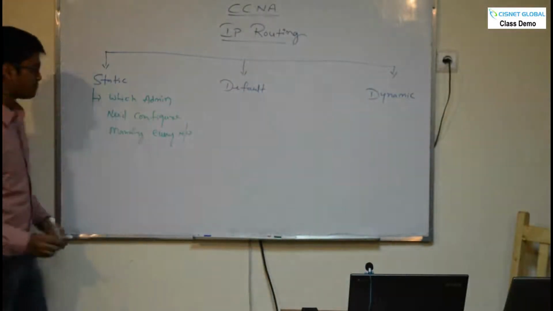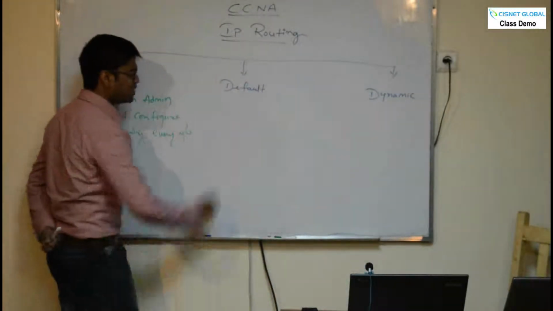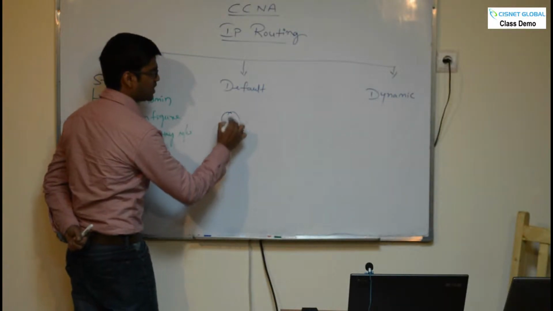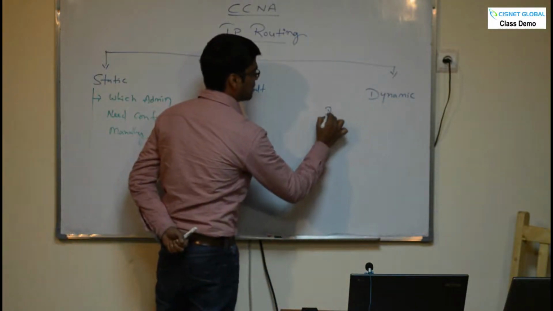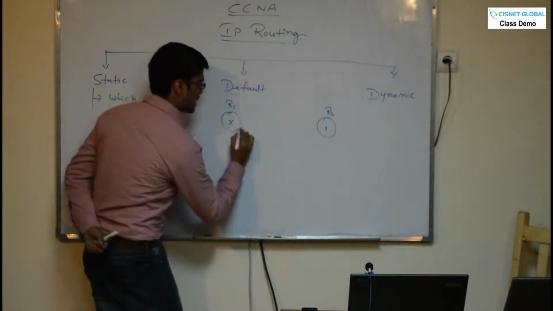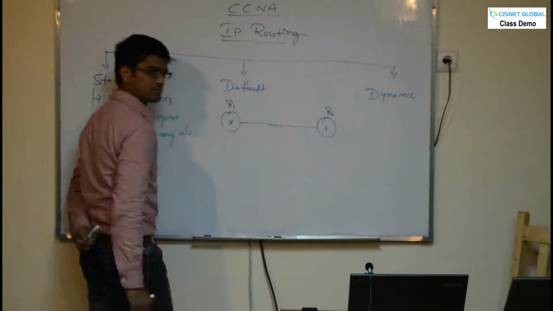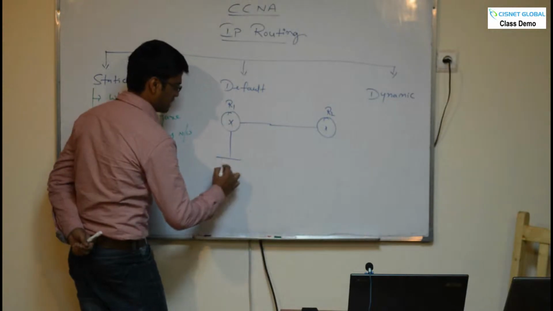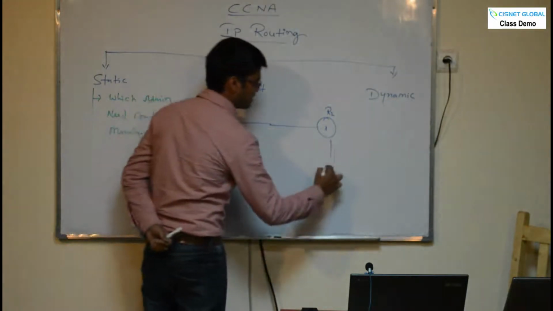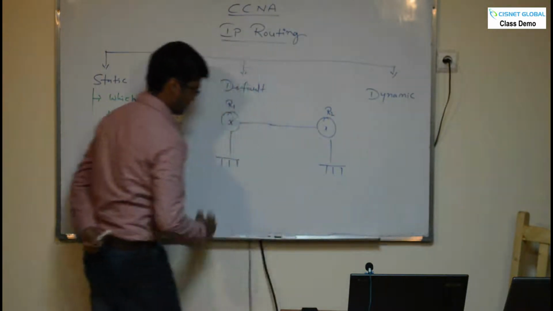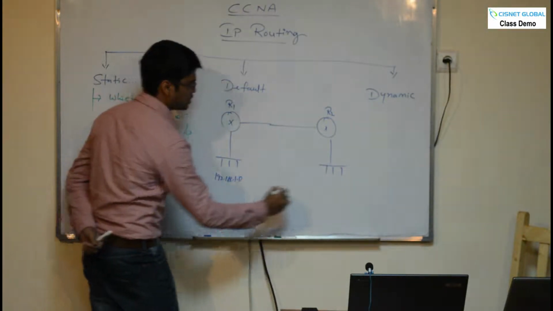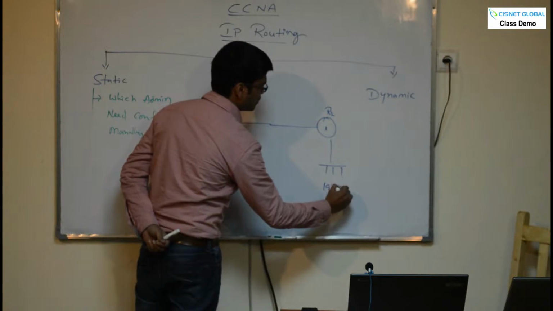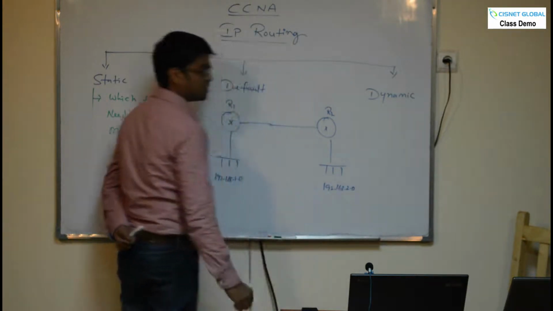Now, take an example. I have one router connecting to another router. They are connected with each other, and each one is connected to a network. I can take the 192.168.1.0 network, and this is the 192.168.2.0 network.